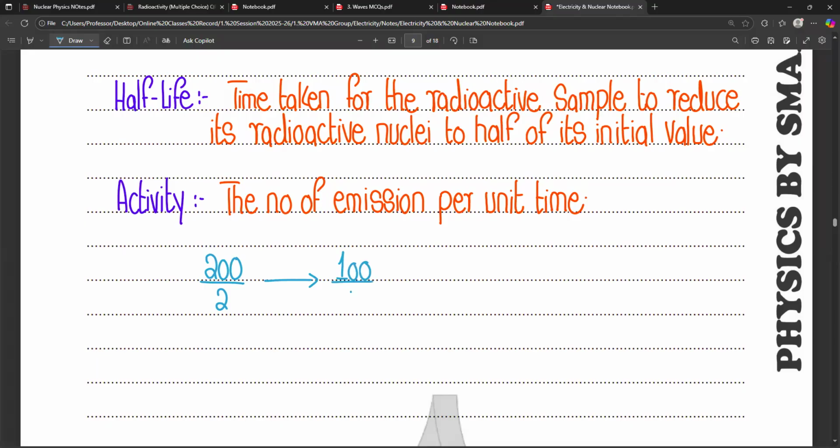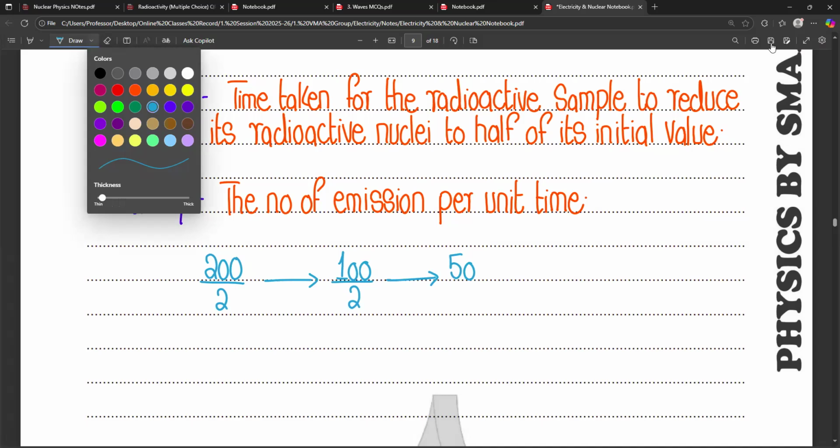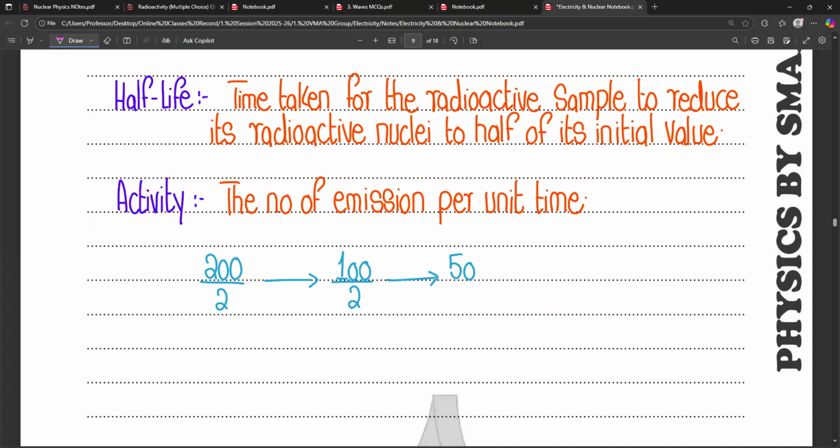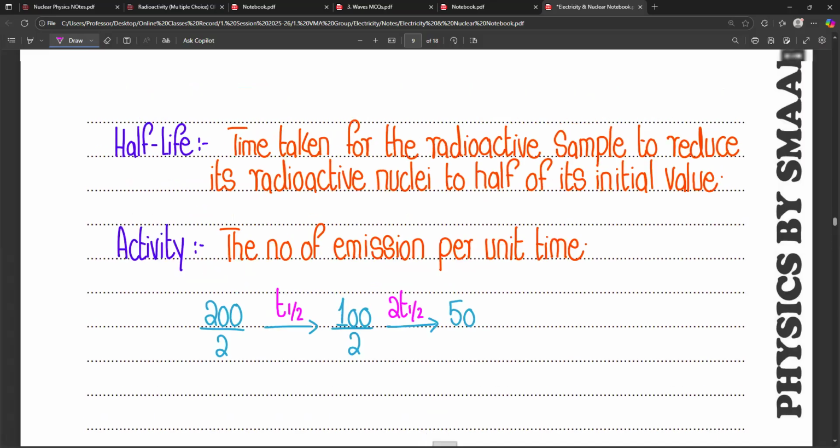Then if we further divide it by 2, it converts into half again, and so on. But the important thing is we need to find the time of the first half-life, the time of the second half-life. So this is important. For half-life we can write the symbol like this: t half.